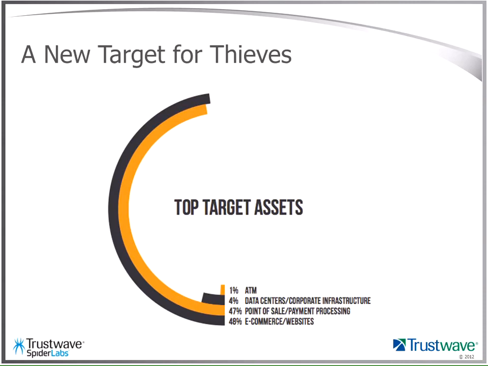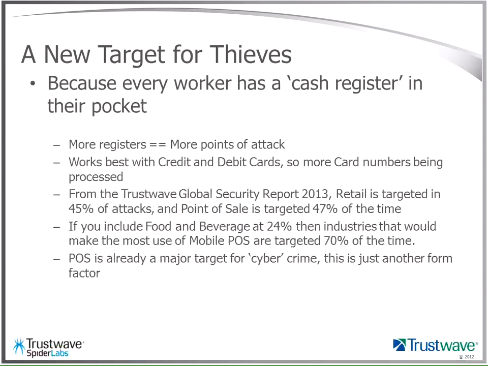What are the targets for those thieves? Again, from our Global Security Report, e-commerce sites are at 48%, and 47% of the time, they're going after point-of-sale devices. What does that mean? That means that more registers means more points of attack. Your attack surface just got bigger.